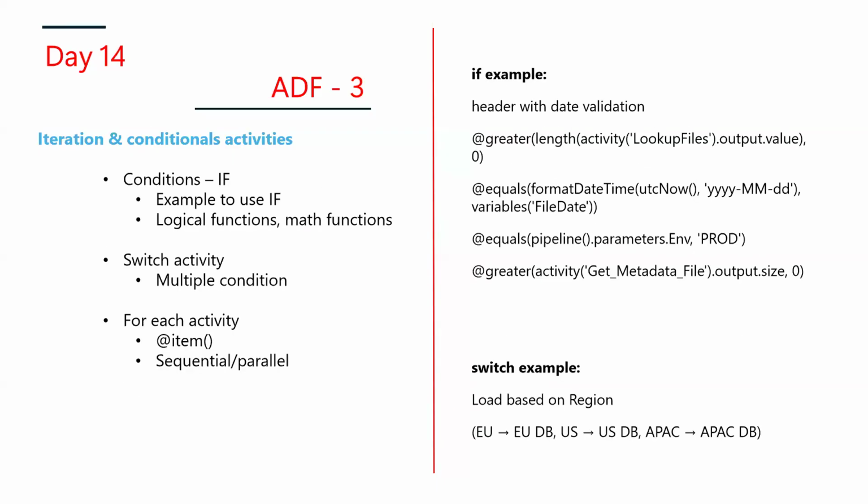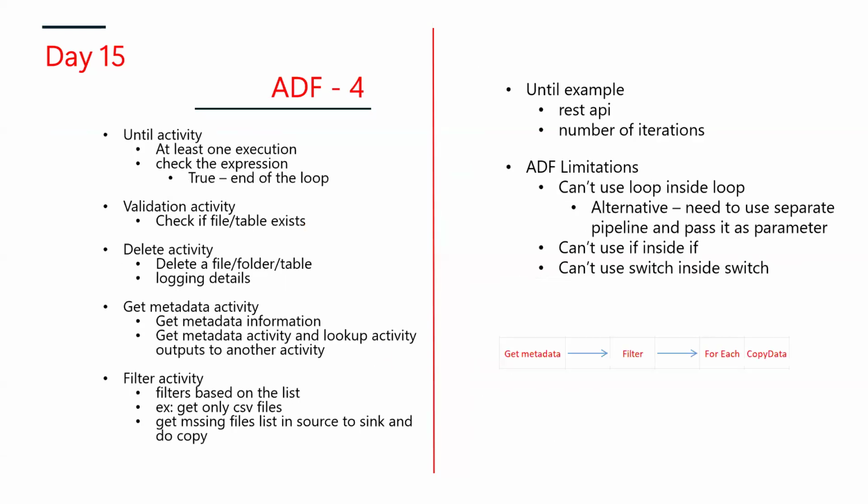With for each you have a fixed number of elements, maybe 5 or 10, and whatever we have written inside the activity is executed 5 times, 10 times, something like that. But the until activity runs until some condition is met; till that point your loop goes on.